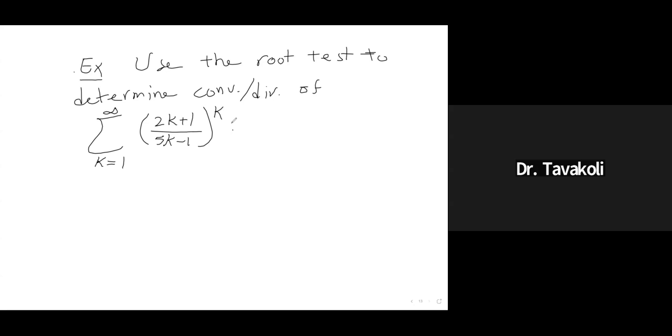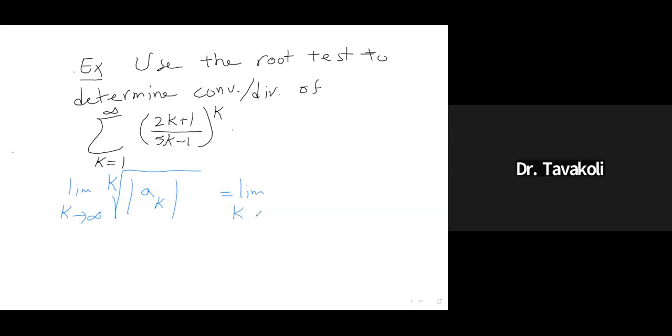So here, what is ak? What is the general term? This is ak, the general term of the series. So when I want to apply the root test, I should look at the limit as k tends to infinity of the kth root of absolute value of ak.